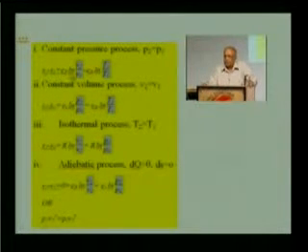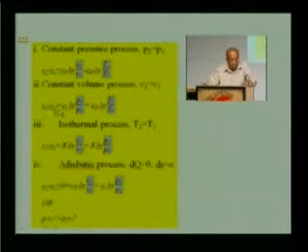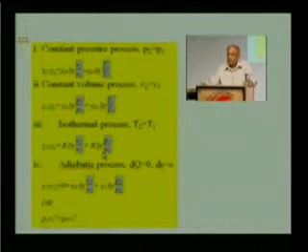For a constant pressure process, S2 minus S1 would be equal to Cp log V2 by V1, that would be equal to Cp log T2 by T1. Similarly, for a constant volume process V2 would be equal to V1, and therefore change in entropy would be Cv log P2 by P1, that would be equal to Cv log T2 by T1. For an isothermal process T2 will be equal to T1, and therefore change in entropy would be R log V2 by V1, that would be equal to R log P2 by P1.